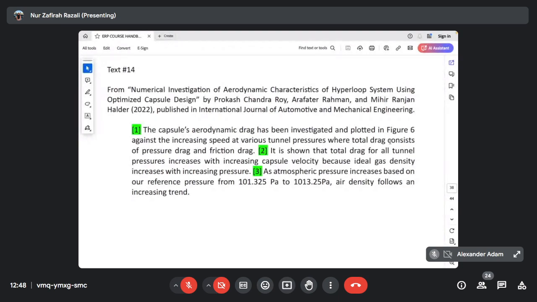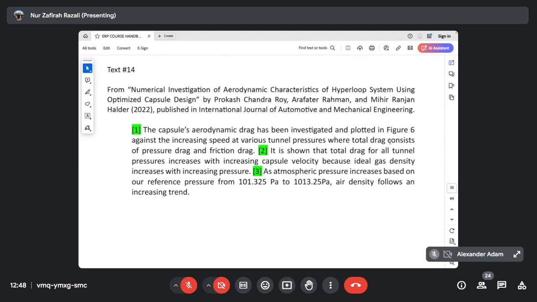All right. Three, as atmospheric pressure increases based on our reference pressure from 101.325 Pa. How do I pronounce this? Pa? Pascal, right? Okay. To 1013.25 Pa or Pascal, air density follows an increasing trend. What's the nominal phrase in here? Yeah.